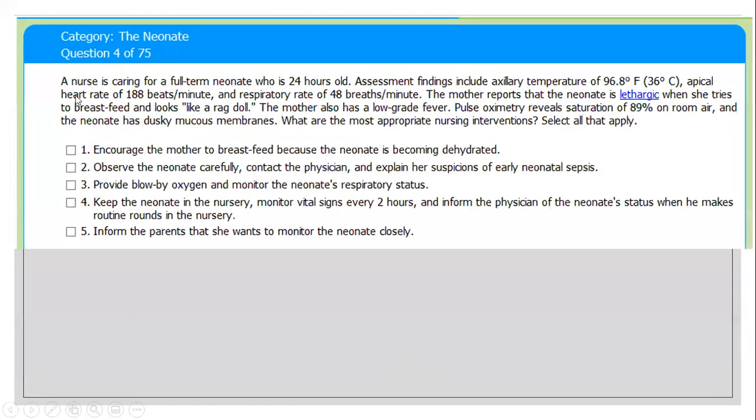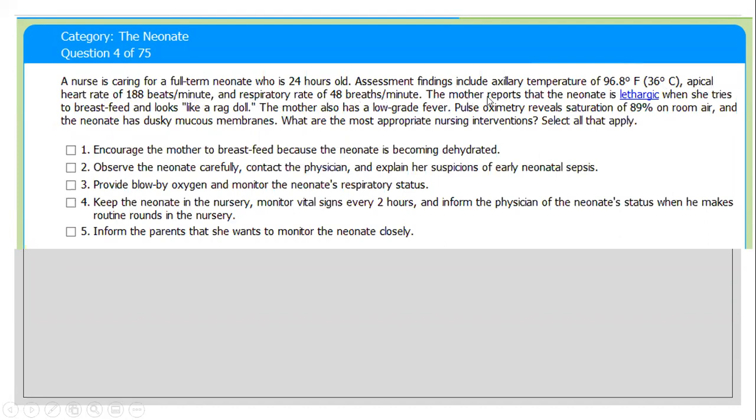Next question here. A nurse is caring for a full-term neonate who is 24 hours old. Assessment findings include axillary temperature 96.8 degrees Fahrenheit. If you convert it to Celsius, it would be 36, and it is normal. Apical pulse rate is 188 beats per minute. Respiratory rate is 48 breaths per minute.